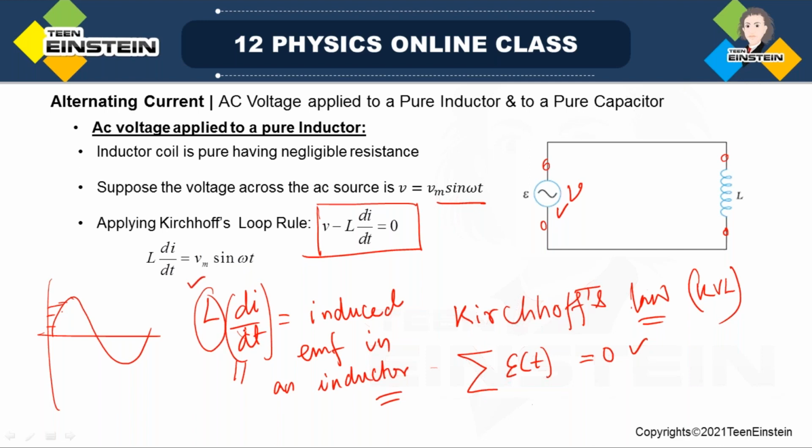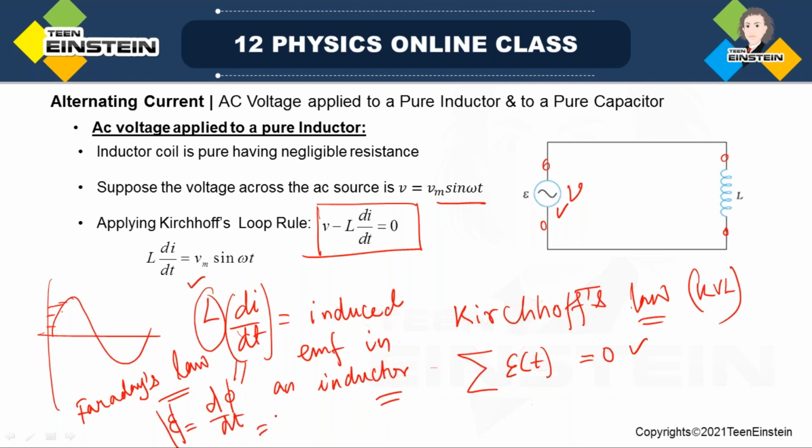And since the flux is varying, we know time-varying flux will induce an EMF. So according to Faraday's law in the previous chapter, we have learned that the induced EMF, if you take the modulus, is equal to d phi by dt.